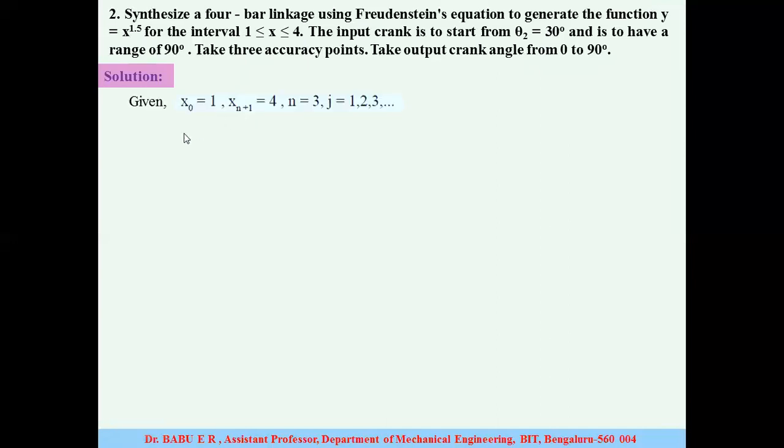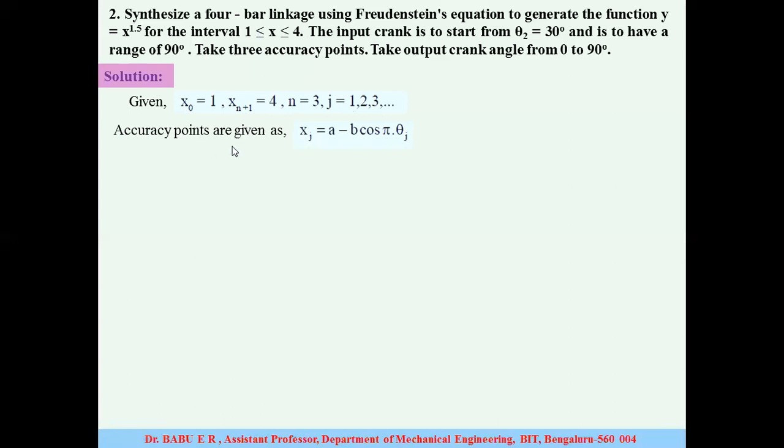Given, x varies from 1 to 4. So x naught equals 1, x of n plus 1 is 4, and the number of accuracy points is given as 3, so n becomes 3. Therefore j will be 1, 2, 3.